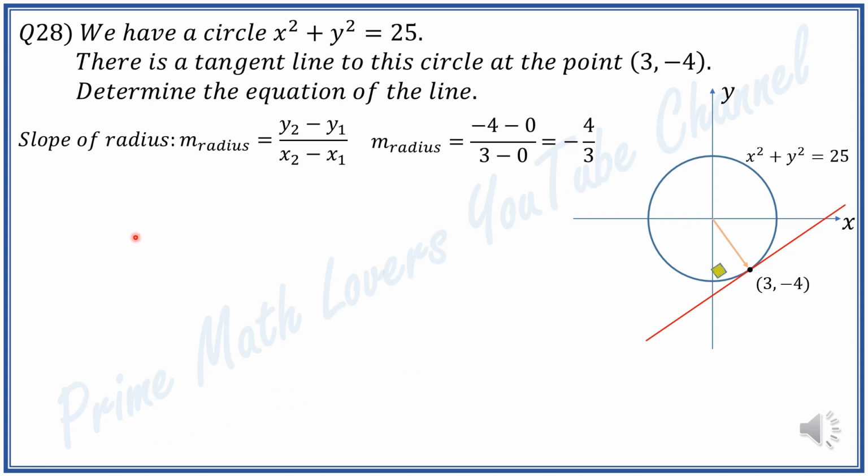So we calculate the slope of the tangent is equal to negative 1 over the slope of the radius, or negative 1 over negative 4 over 3. This negative and this negative cancel each other, and 1 over 4 over 3 will be equal to 3 over 4. So we have the slope of the tangent line.